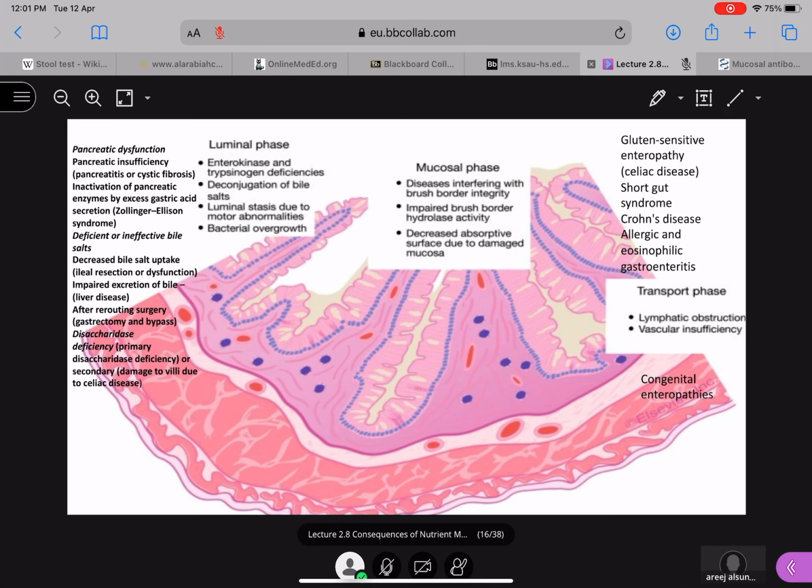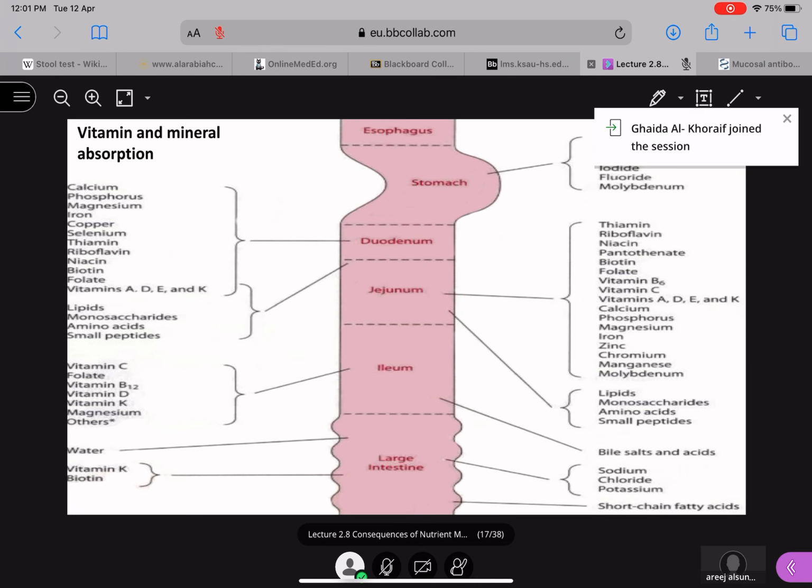The most common cause in the luminal phase is pancreatic insufficiency. As we said, pancreatic enzymes have a main role in lipid and protein, and some role in carbohydrate malabsorption, as well as defects in bile acid. We went through all these causes just to summarize everything and make it clear in your mind. So we have now finished micronutrients: carbohydrate, protein, and fat.